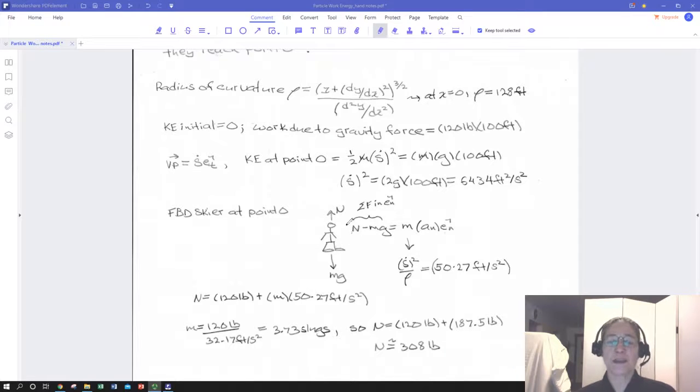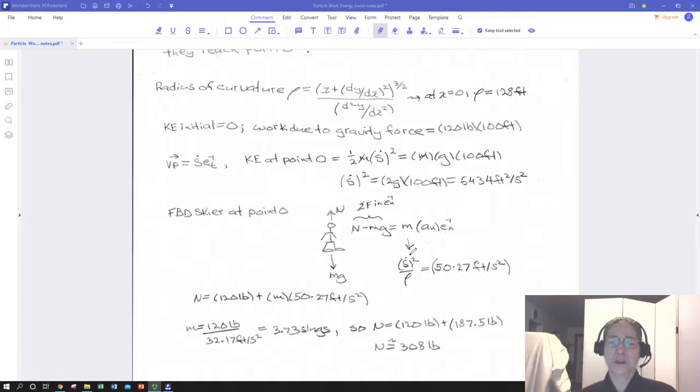So the sum of the forces on the skier in the normal direction, which is vertically upward at that point O, and only at that point O, is equal to his mass in slugs times his acceleration in the normal direction dotted into the unit vector for the normal direction. So normal force minus his weight equals his mass times normal acceleration.